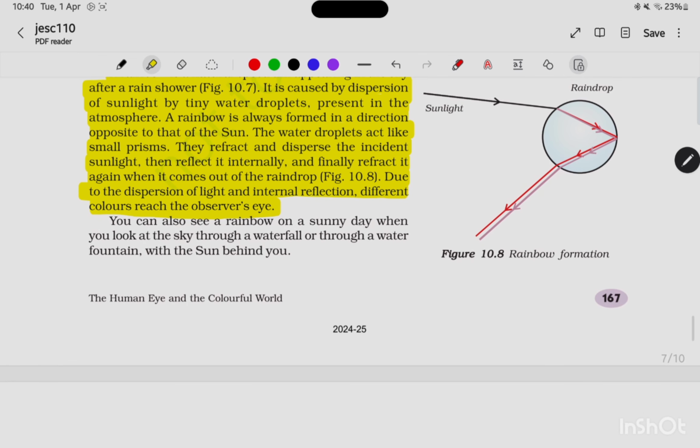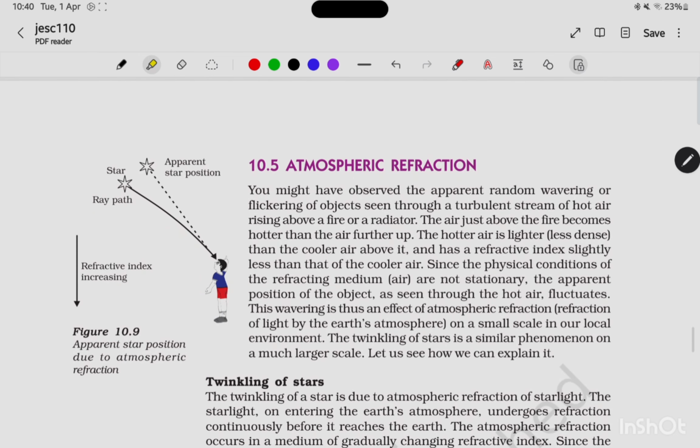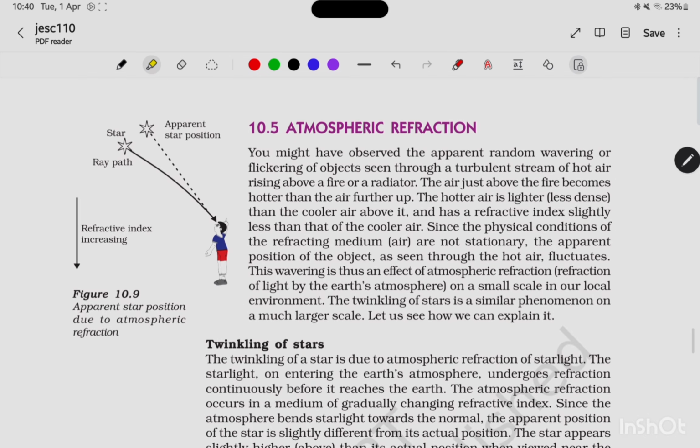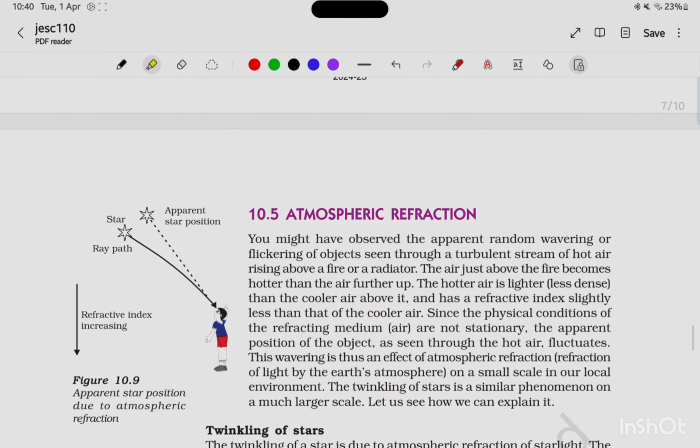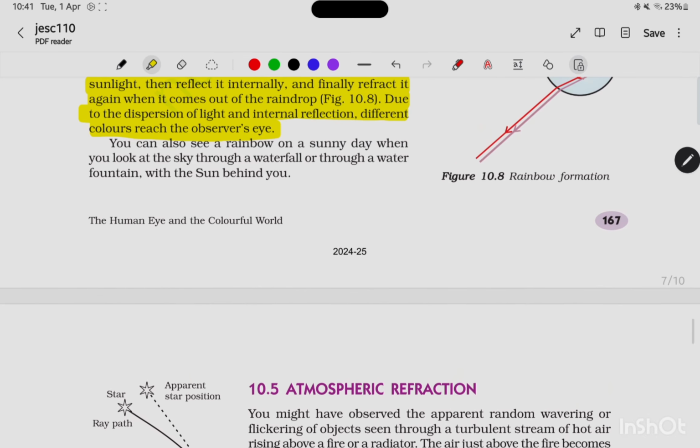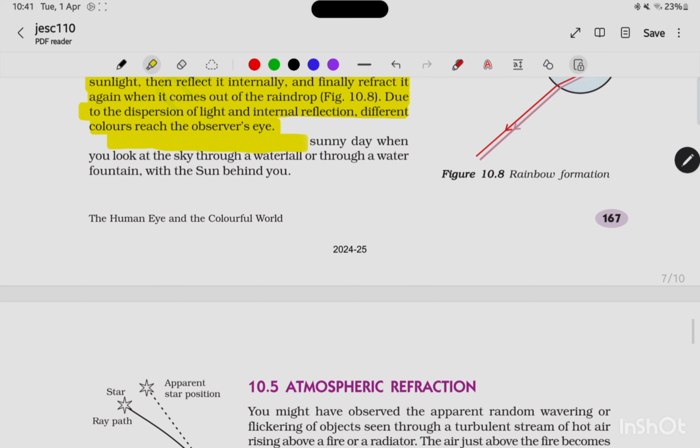You can also see a rainbow on a sunny day when you look at the sky through a waterfall or through a water fountain with the sun behind you. The next thing that you're going to see is atmospheric refraction. This one can also come.